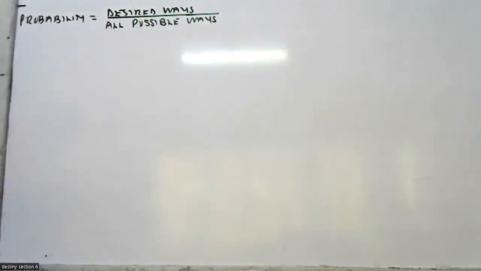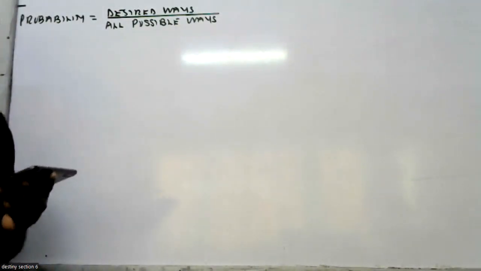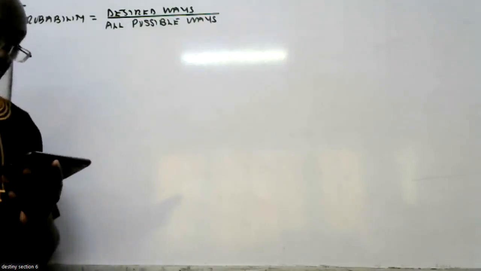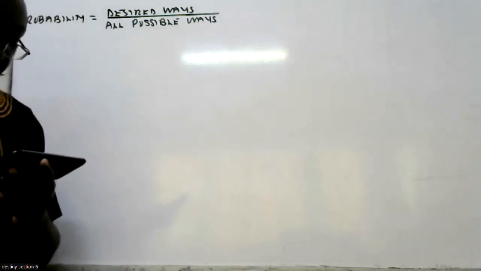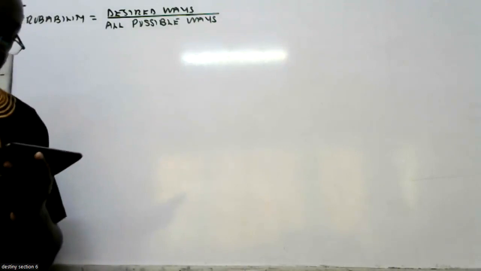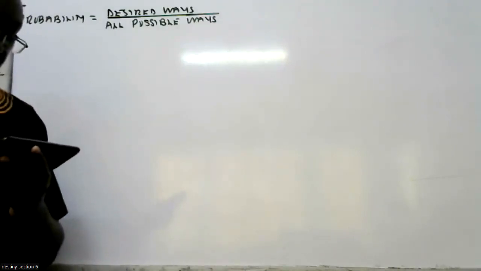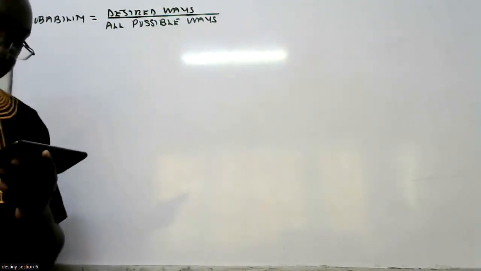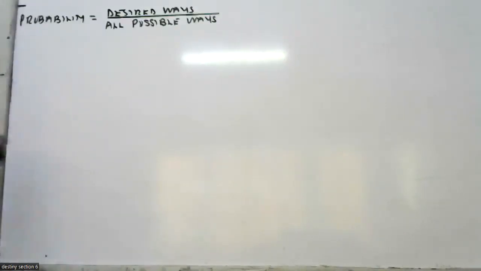Question 10. A committee of 4 has to be formed from among 3 economists, 4 engineers, 2 mathematicians, and 1 doctor. What is the probability that each of the 4 professions is represented?